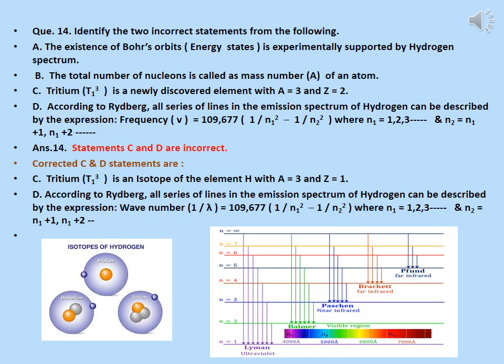D. According to Rydberg, all series of spectral lines in the emission spectrum of hydrogen can be described by the expression frequency nu is equal to 109,677 into 1 by n1 square minus 1 by n2 square, where n1 is equal to 1, 2, 3, 4, etc. and n2 is equal to n1 plus 1, n1 plus 2, n1 plus 3, etc. So, from these statements, we have to pick out two incorrect statements.